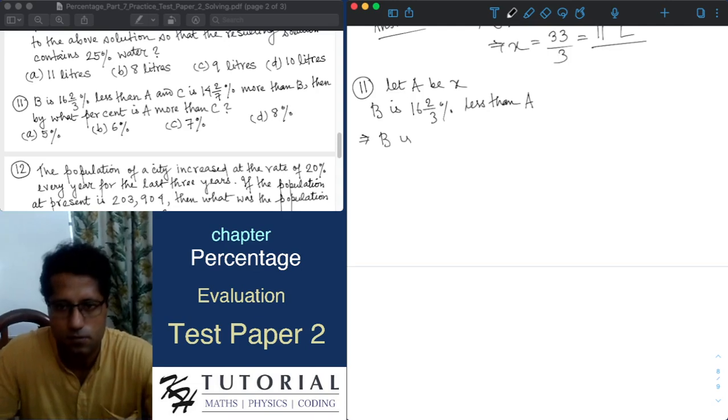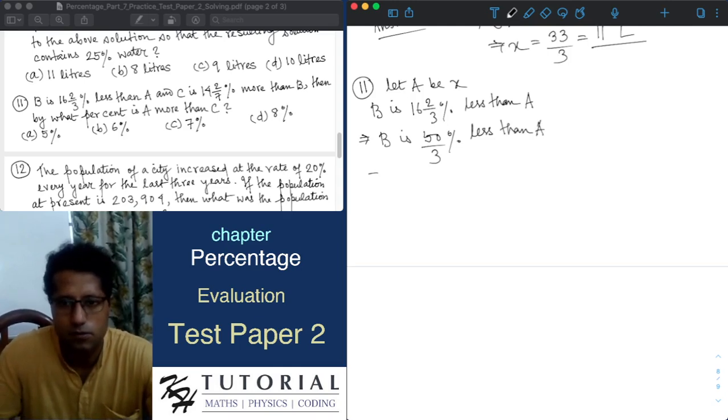So B is 50 by 3% less than A. This implies B is 100 minus 50 by 3% of A.